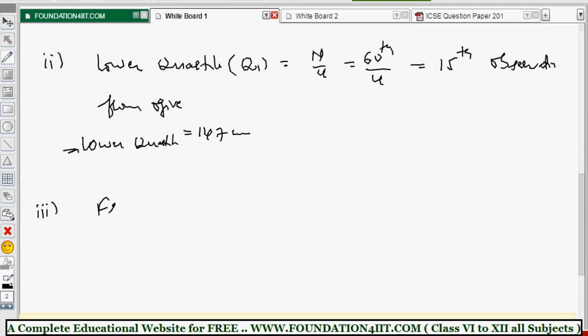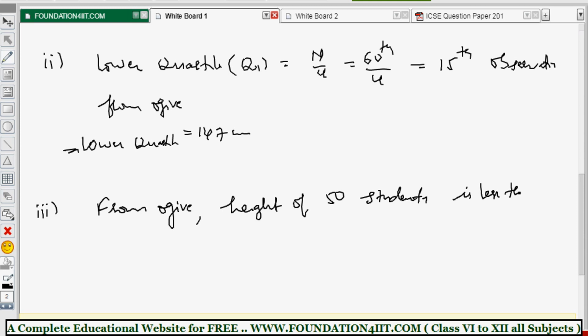So from the ogive, the height of 50 students is less than 158 centimeters.